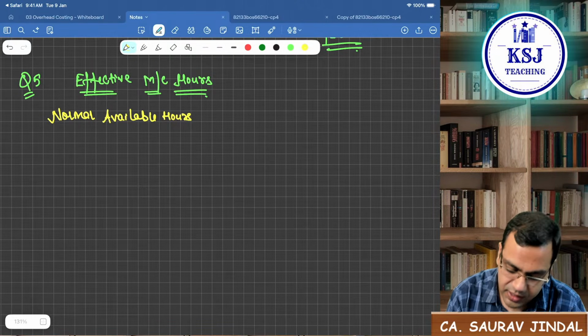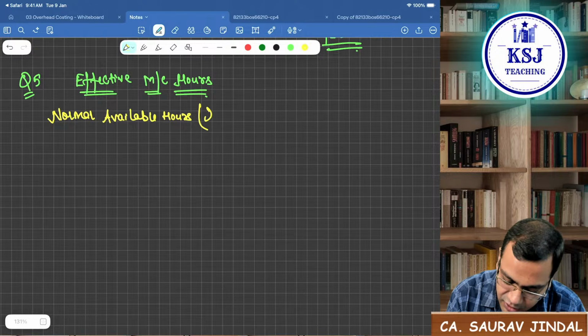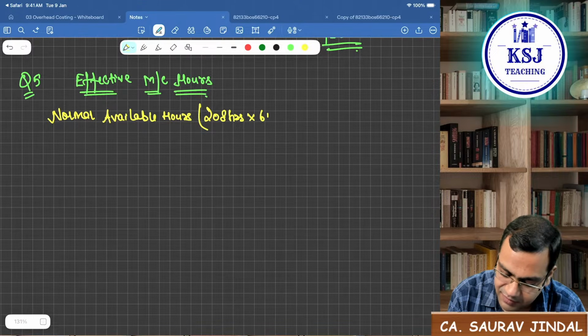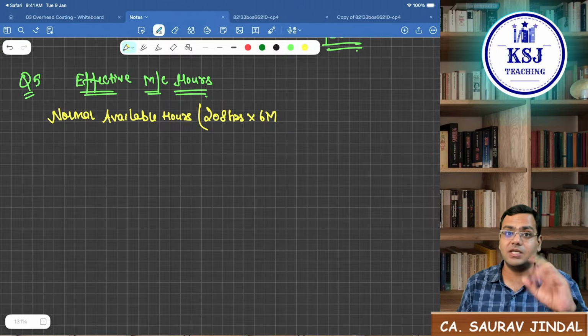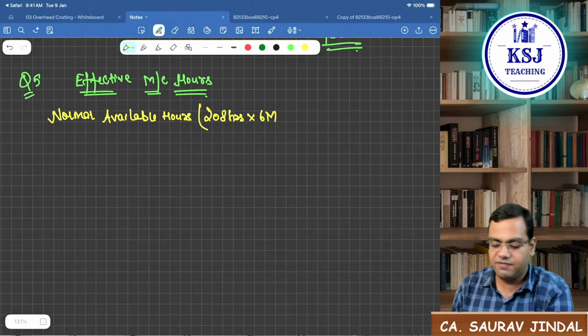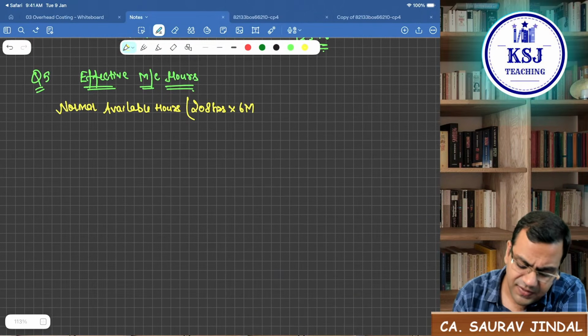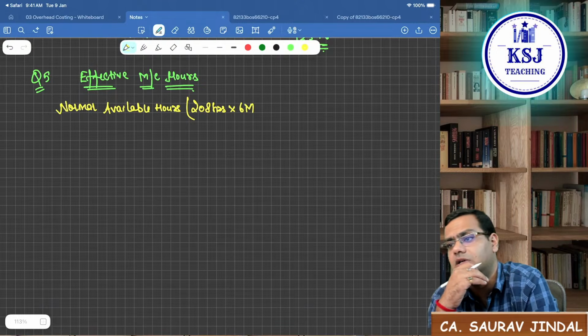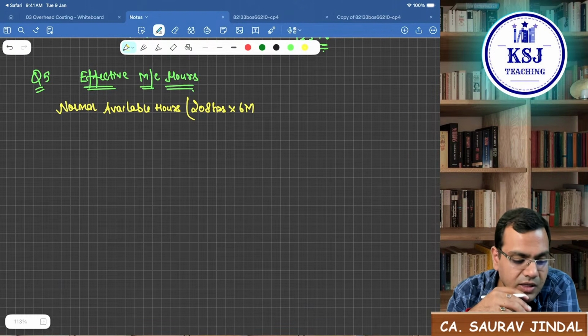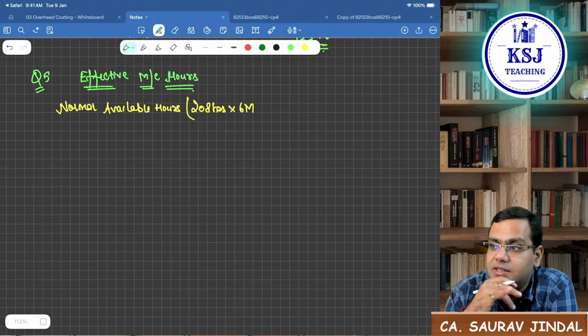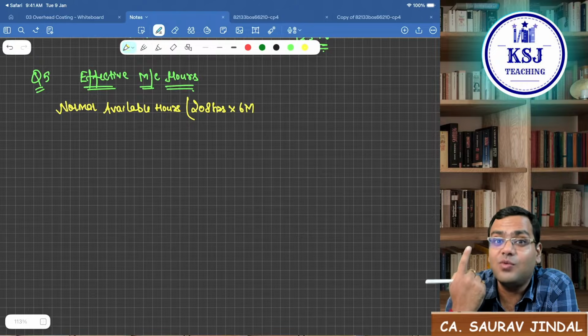So if the worker is working for 208 hours per month, if I multiply it with 6 months, so I am taking 6 months effective hours now. Will it give me the total hours? No, because this 208 will be for one worker.